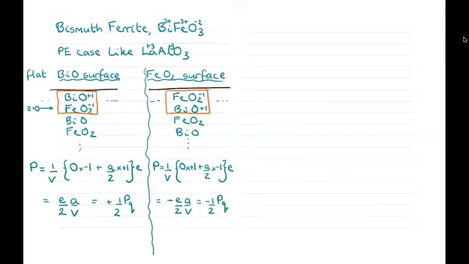So now the two obvious choices of surface for bismuth ferrite have equal and opposite electronic charges.